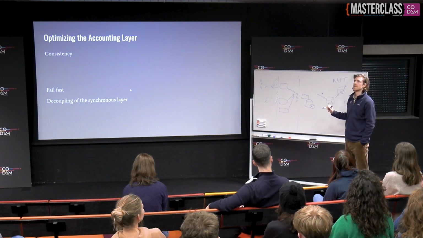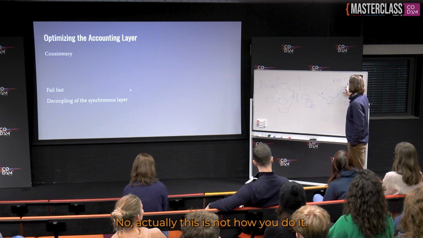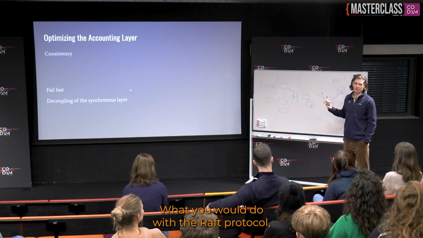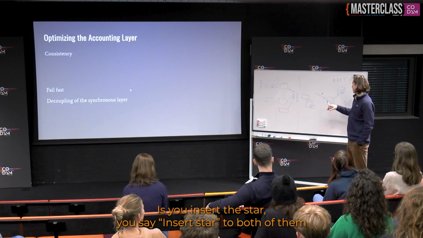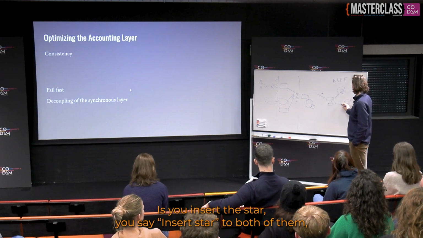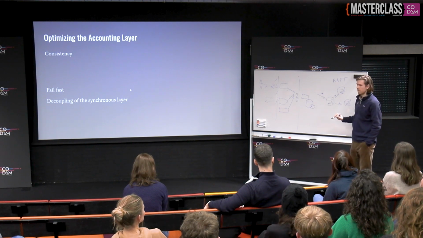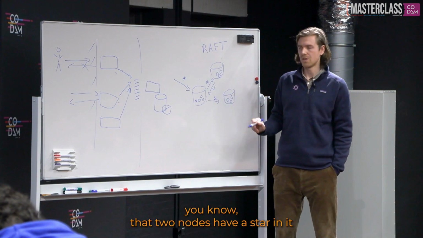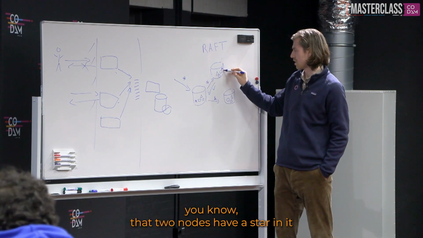And no, actually, this is not how you do it. What you would do with the Raft protocol, forget the leader part, is you insert the star. You say insert star to both of them. As soon as you get one OK back, you know that two nodes have a star in it.